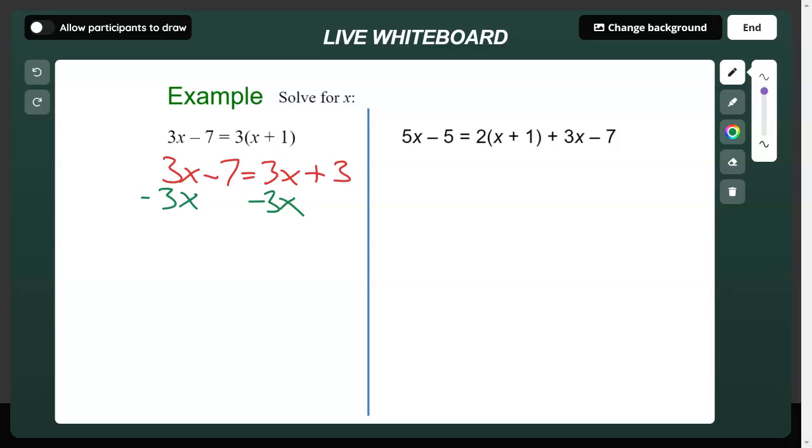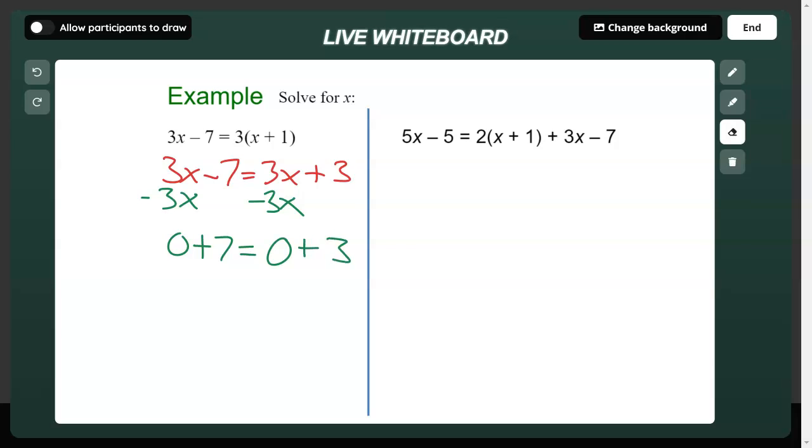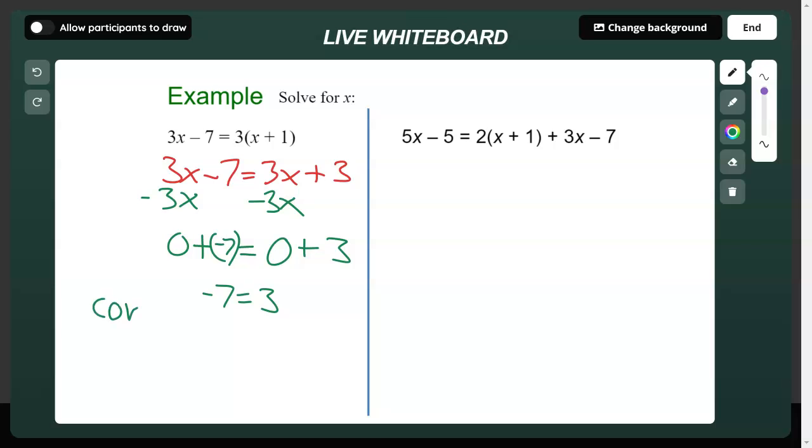Well, what's 3x minus 3x? 0. I don't know why that's plus. Disregard that. Whatever. Negative 7. Okay? Is negative 7 equal to 3? No. Okay? It's a contradiction. No solution.